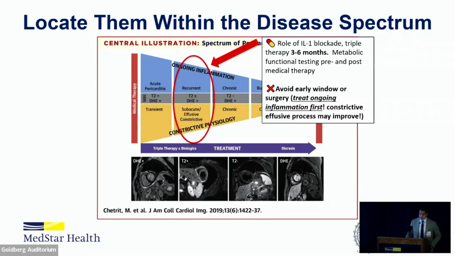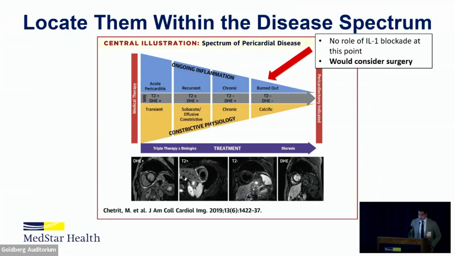We're finding that there is a real role in intensifying their therapy with interleukin-1 blockers, treating them for 3 to 6 months, as Alan Klein does at Cleveland and as they do at Mayo. We want to get some functional pre and post testing for these patients to stratify their symptoms, and we want to avoid surgery for these patients at all costs. So treating ongoing inflammation is really imperative here, and we want to avoid early surgery.